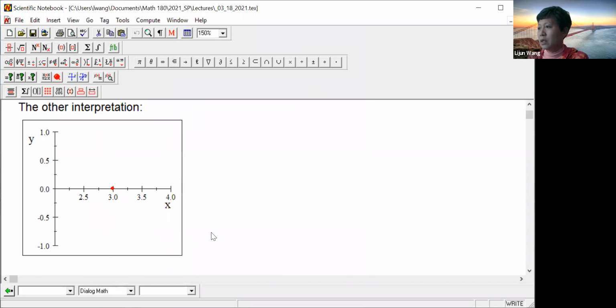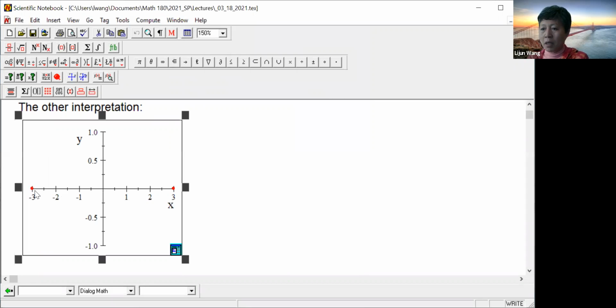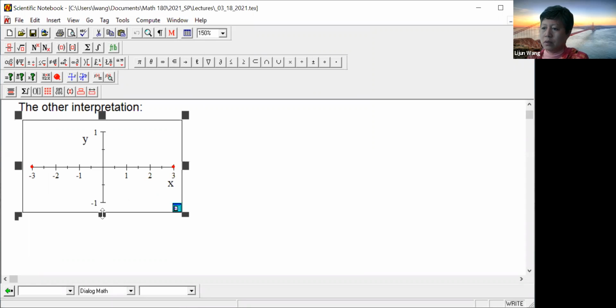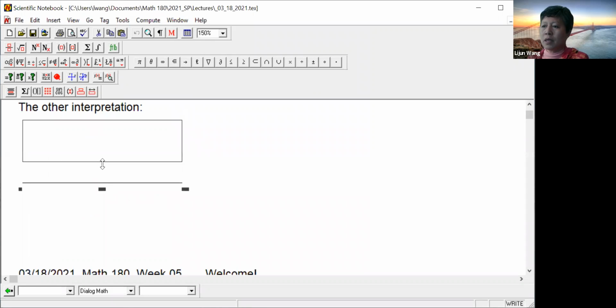Oh, sorry, I think I made a mistake somewhere. Wait, add -3, 0, dot. Okay, so these 2 dots, and now we're going to shrink it. So it's just on the number line.